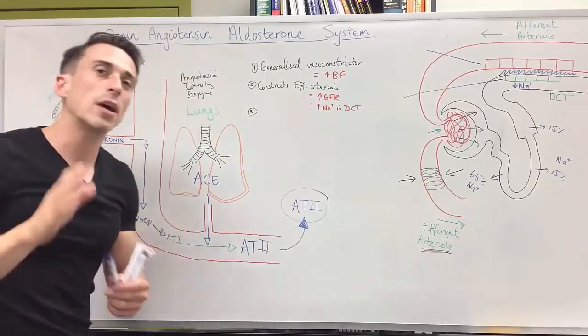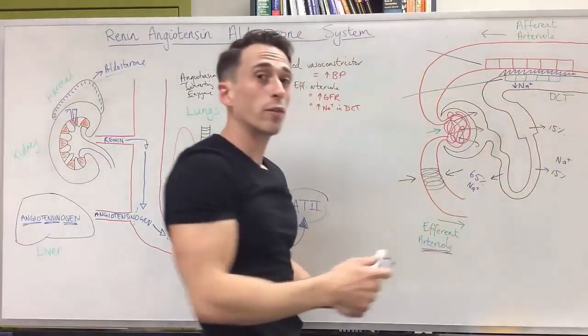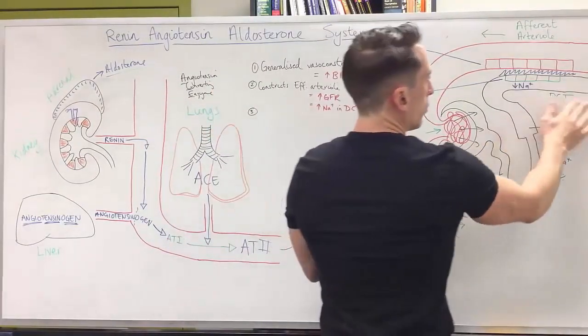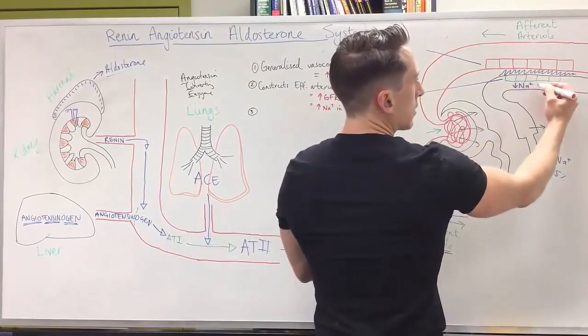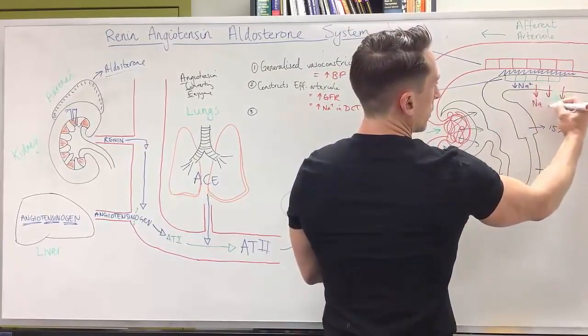Now, what does aldosterone do? Aldosterone travels to the distal convoluted tubule and tells it to take the sodium that's present and throw it back into the body.